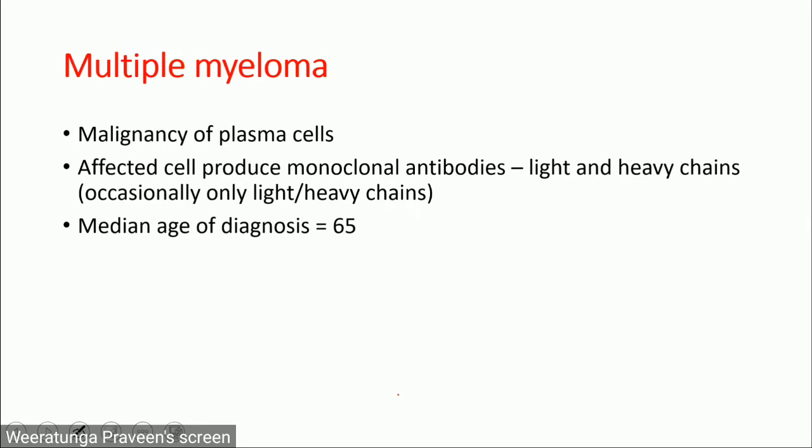And in that antibody, if you remember your immunology, which I'm sure you don't, there is a light chain and a heavy chain. Most of these myelomas produce only one component, one chain, mostly the light chain. It's a monoclonal antibody production.